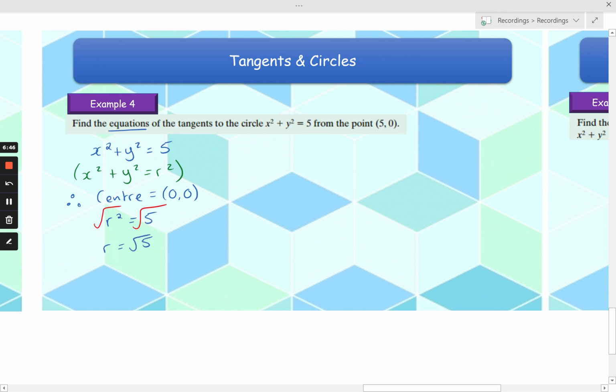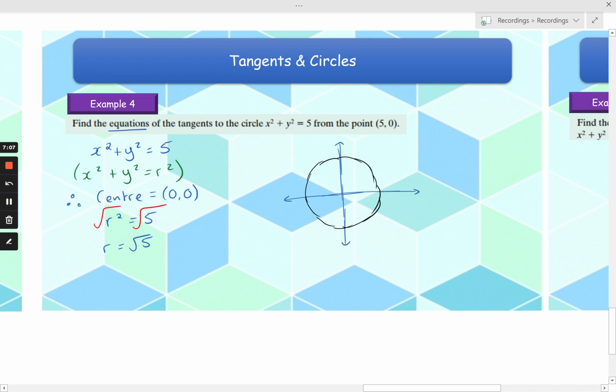Now, bearing that in mind, I'm going to draw a rough diagram here to help me visualize my approach to this problem. I can see that I'm going to have a circle with the centre 0, 0 and the radius of the square root of 5, which would look something like this.